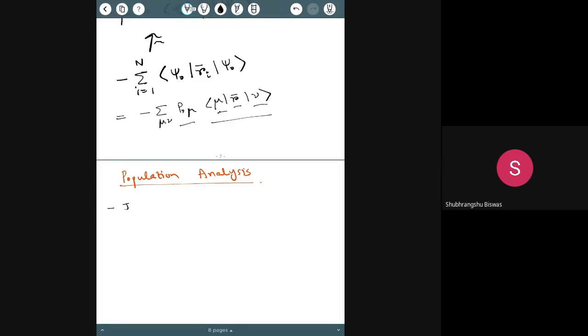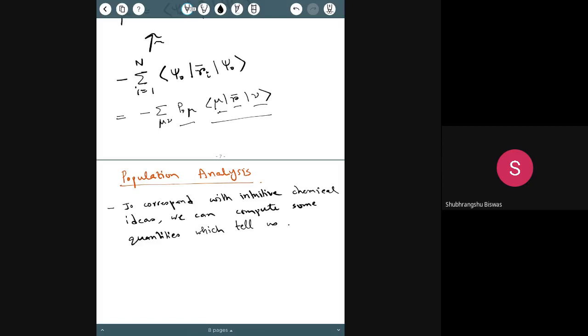So to correspond with intuitive chemical ideas, we can compute some quantities which tell us the number of electrons associated with various parts of a molecule.